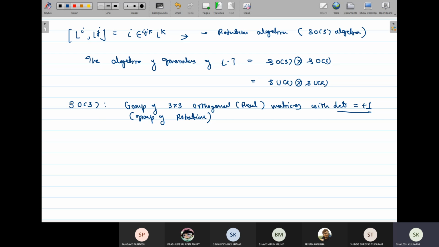So I cannot put S there. On the other hand, SU2 is the group of 2 cross 2 unitary matrices.